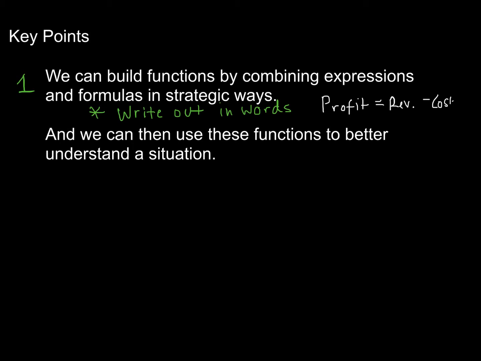So let's add to our list of real-world relationships. We have profit is revenue minus cost. And if these were two independent functions of revenue and cost, I could combine them by taking the revenue function and subtracting the cost function to get the profit function. Another one that we just talked about is volume, which is length times width times height.